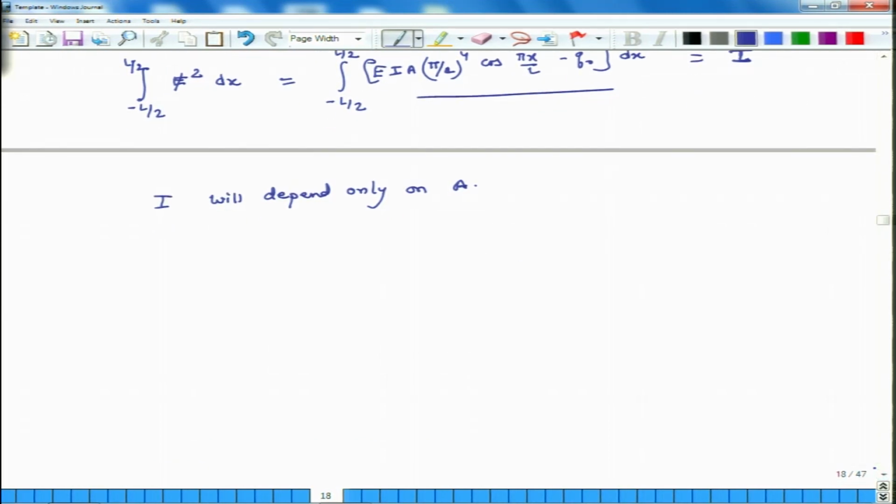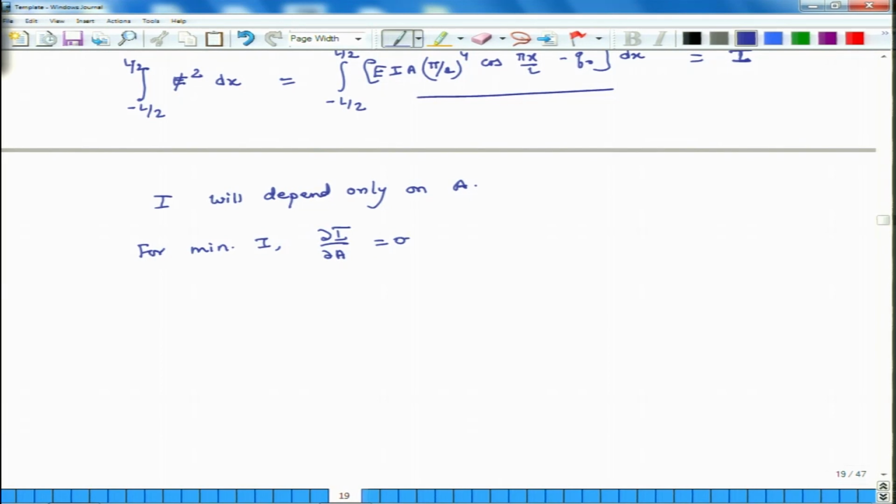So, if that is the case, then for minimum I, del of I over del of A should be equal to 0.